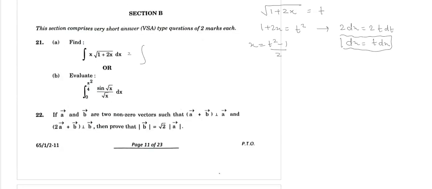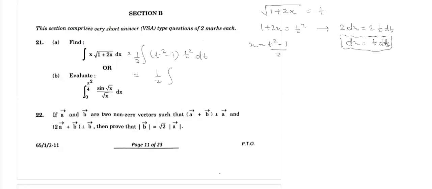This will change our integration to what? x is nothing but t square minus 1 by 2, so by 2 we will write here. What is under root of 1 plus 2x? That is t. And dx is equal to t dt. So it will be t square dt. Okay, I have to write t here. This is t. Now, this will be 1 by 2.